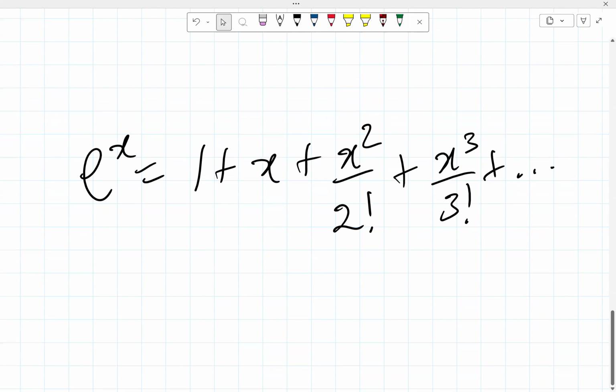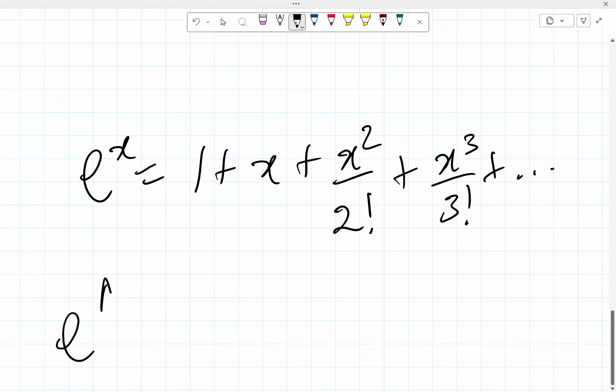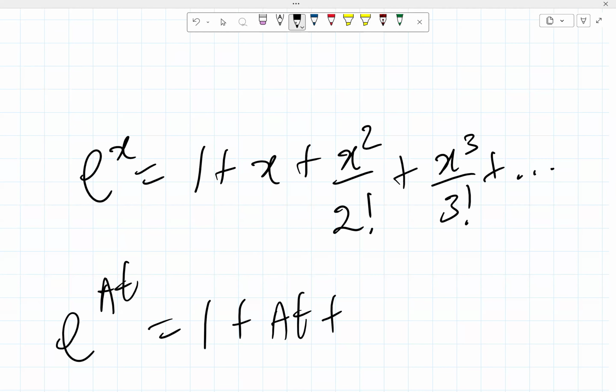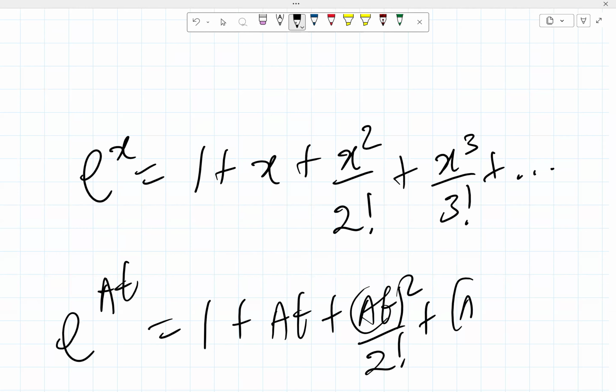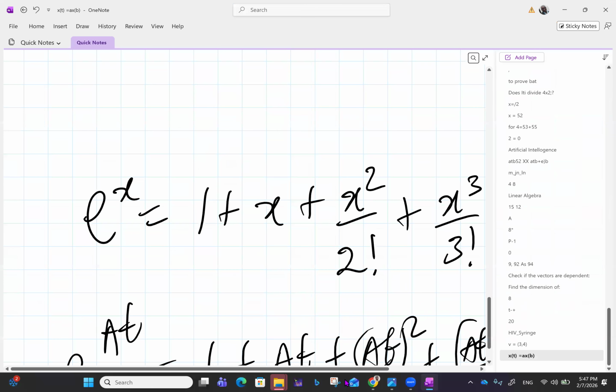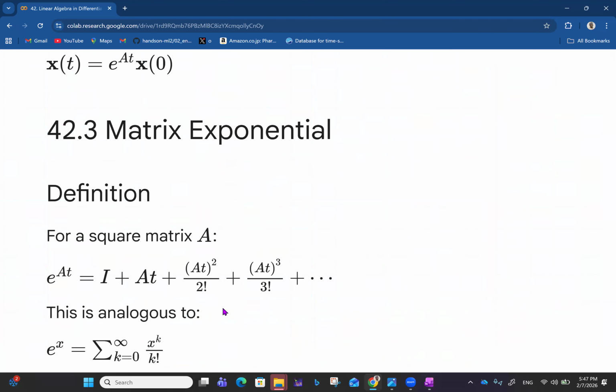So this looks like e raised to the power At, okay? That's like I plus At plus (At) squared over 2 factorial plus (At) cubed over 3 factorial and so on, and it just keeps going like that. So this is analogous to e raised to the power x, right?